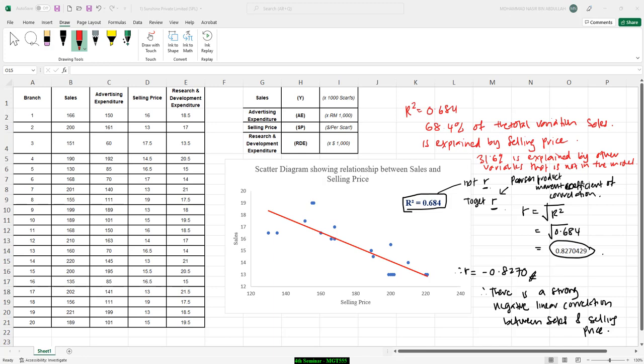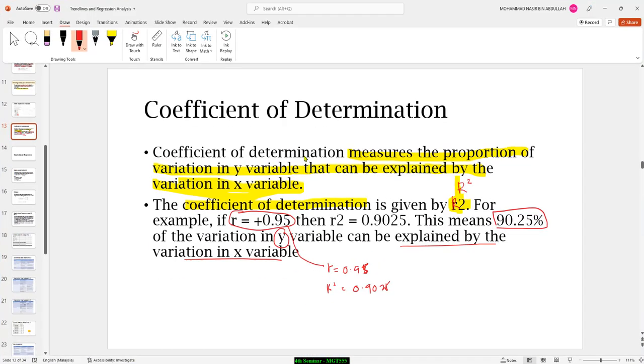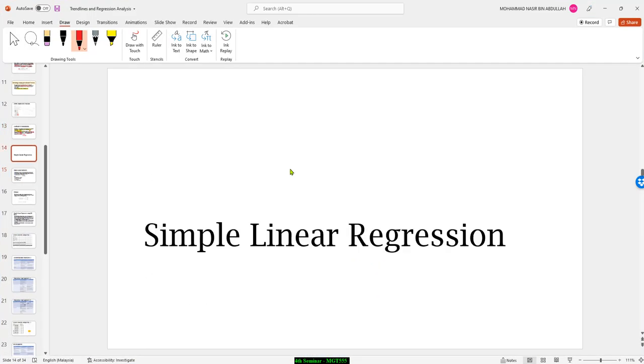So this is very simple, the simplest part in our chapter number 6. So kita akan masuk the complicated part, which is linear regression. Before we go to simple linear regression, can we take a 5-minute rest? So now it's 11:50. We will meet again at 11:55.